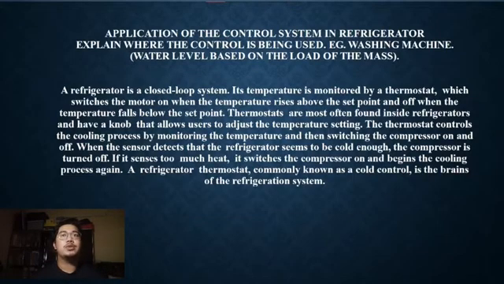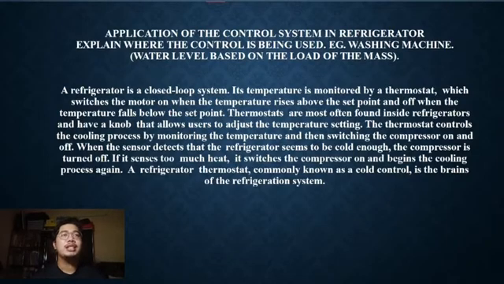Thermostats are most often found inside refrigerators, and they have a knob that allows users to adjust the temperature setting. The thermostat controls the cooling process by monitoring the temperature and then switching the compressor on and off.